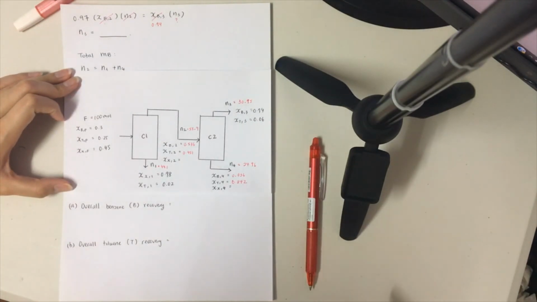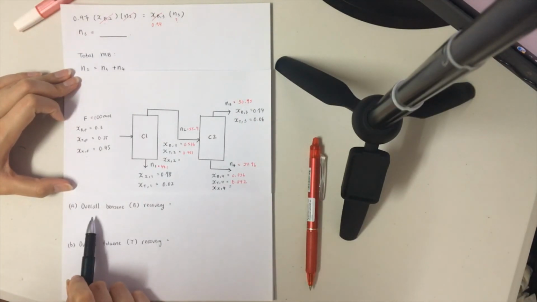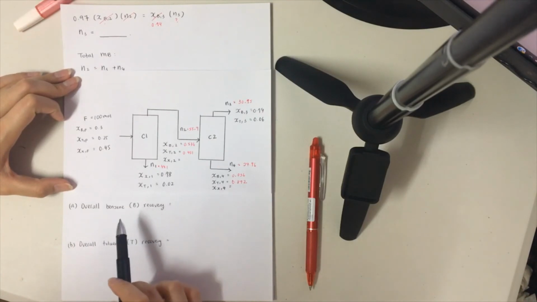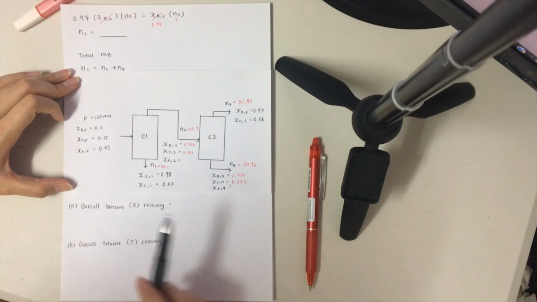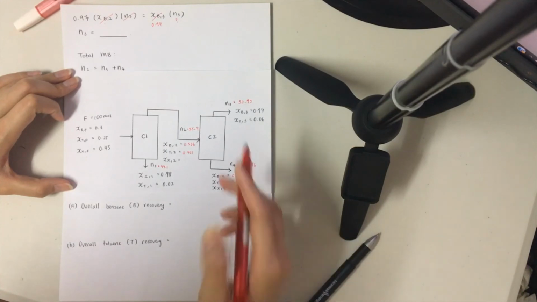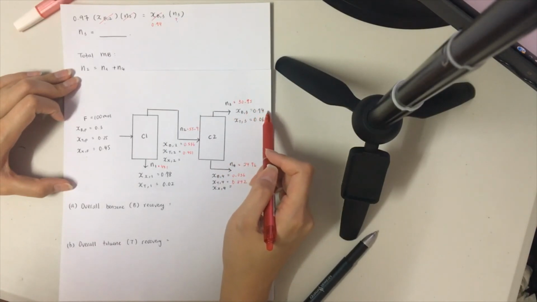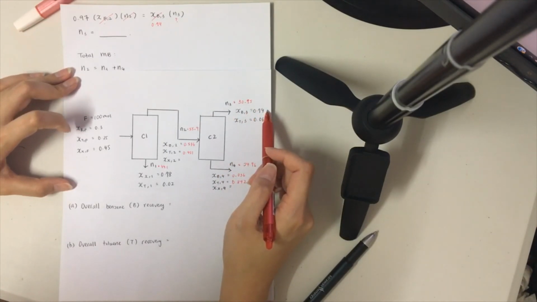To answer the question for part A, we need to look for the overall benzene recovery. So what that means is that we want to know the amount of B over the amount of B coming from the feed.